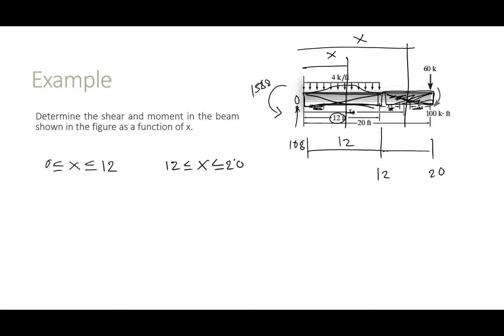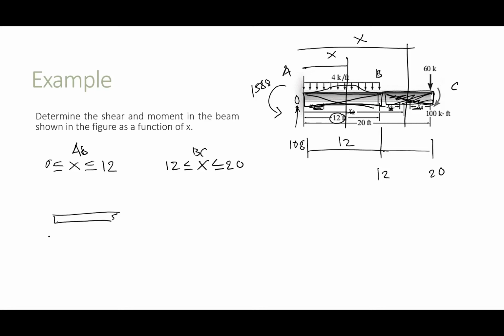Para mas madali, lagyan tuloy natin ng letter. This is A, B, tapos C. Sabihin natin, this is for segment AB. This is for segment BC. And then, we will now need to draw the free body diagram. So, kung yung segment AB, ganito yung free body diagram.